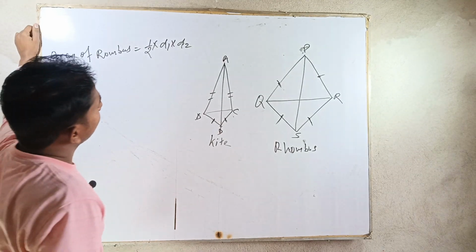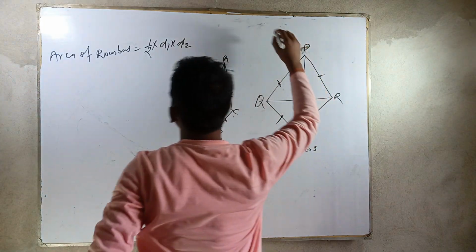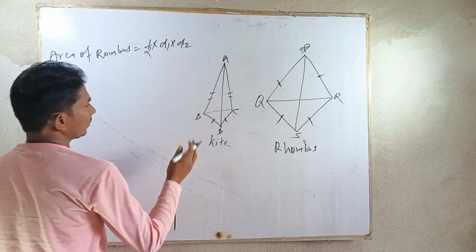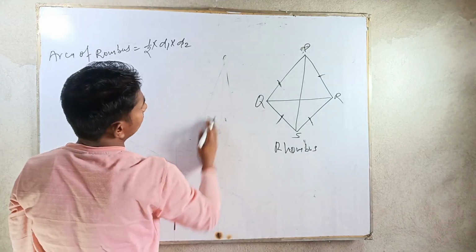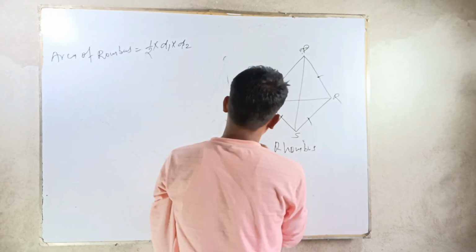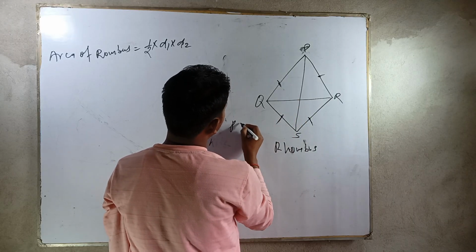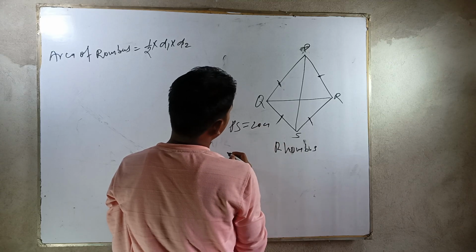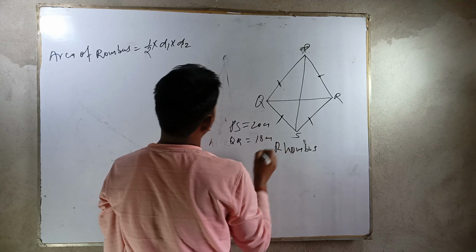Suppose in a figure PQRS, QS is given as 20 centimeter and QR is given as 18 centimeter.